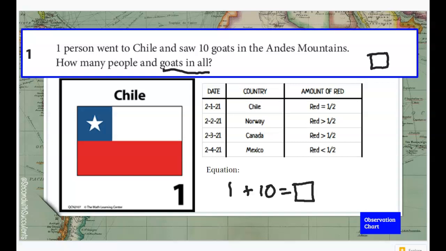We want to know the answer of the person and the goats put together. Now take a moment to solve that equation. Show a connection if you answered 11. Good thinking. Let's go to our second problem.